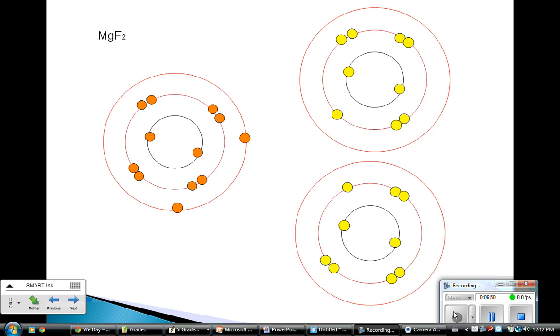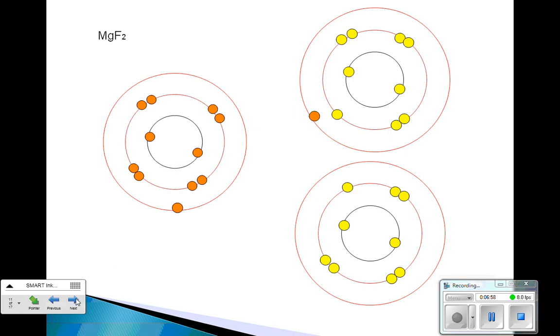So what do we need? Well, we need 2 fluorines for this to work. We need 1 fluorine to take 1 magnesium electron, and the other one to take the other one. So now both fluorines are happy, and magnesium is happy, because magnesium has a full outer shell, having got rid of those 2 valence electrons.